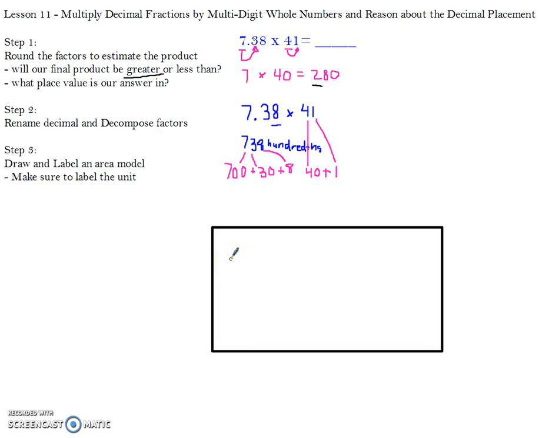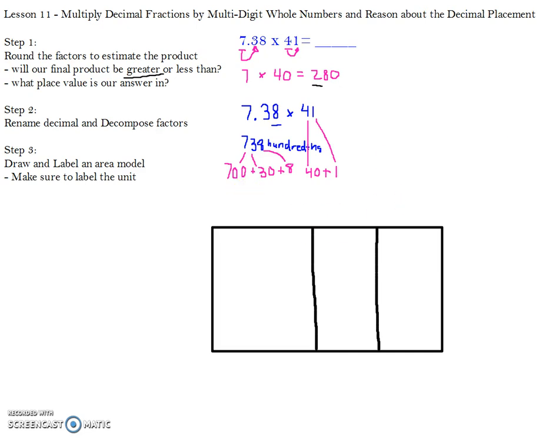Step 3 is to draw and label an area model, and you want to make sure that your 738 hundredths is labeled. So for my top, I'm going to do the 738 hundredths. I have 3 numbers, so I'm going to make 3 columns, and I want to show the difference in size by creating one big column for the 700, one medium-sized column for the 30, and one a little bit smaller column for the 8.